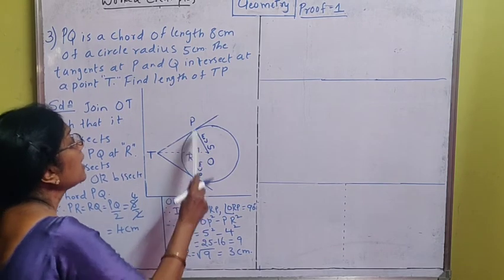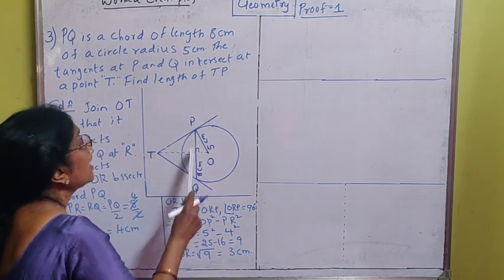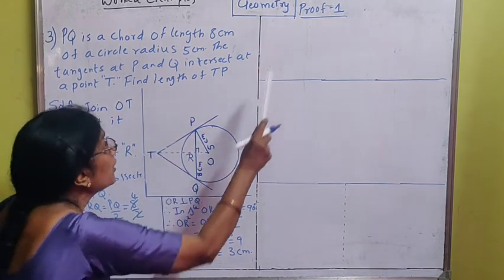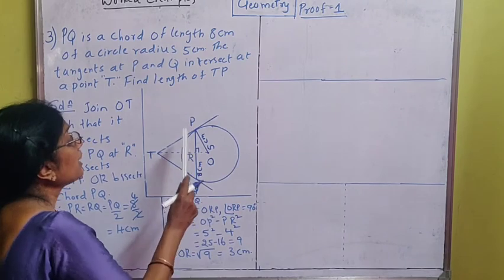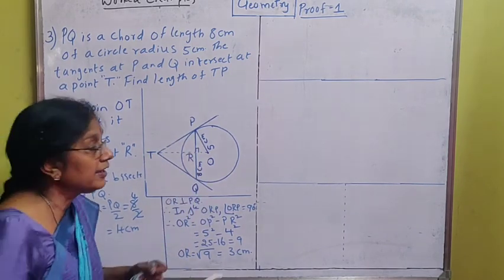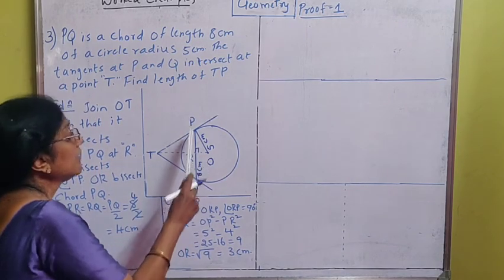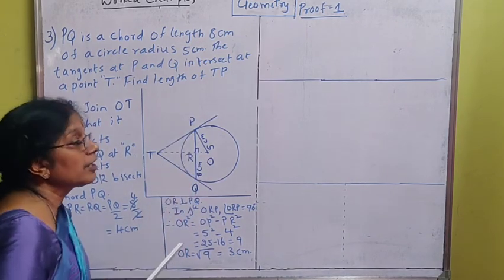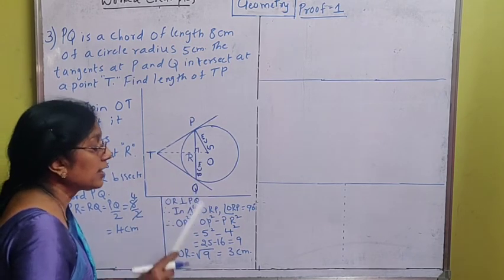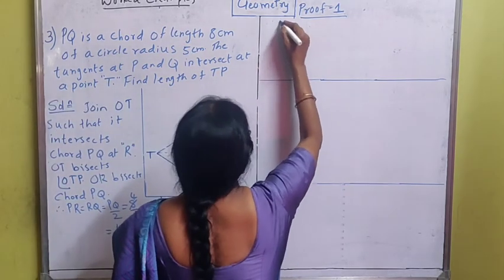It means angle OPT is the sum of angle OPR plus angle RPT. And angle OPT is 90 degree. How did it become 90 degree? OP is a radius and PT is a tangent, and a tangent and radius are perpendicular to each other. So angle OPT will be taken as 90 degree.